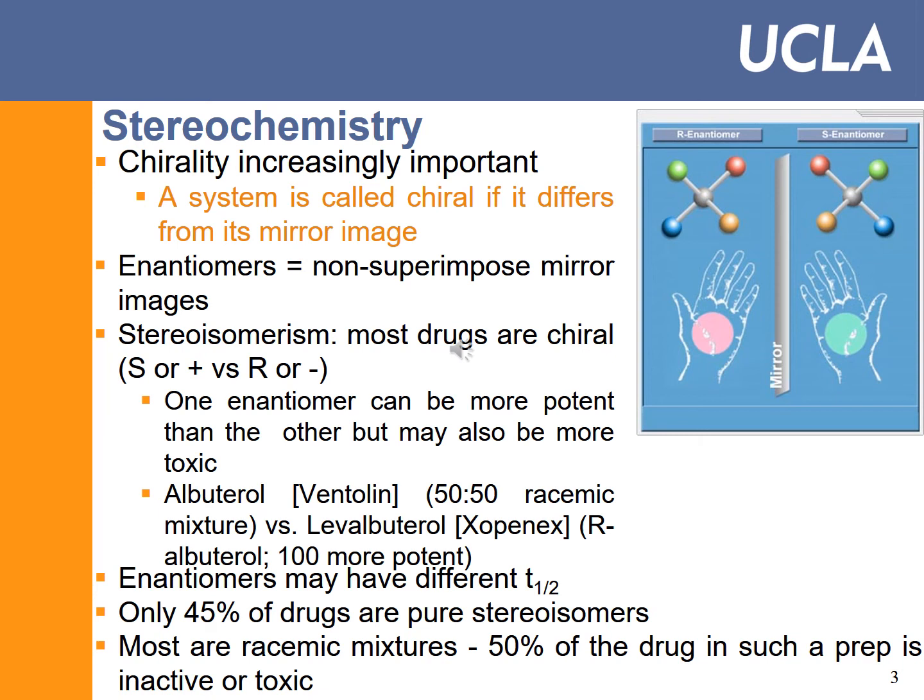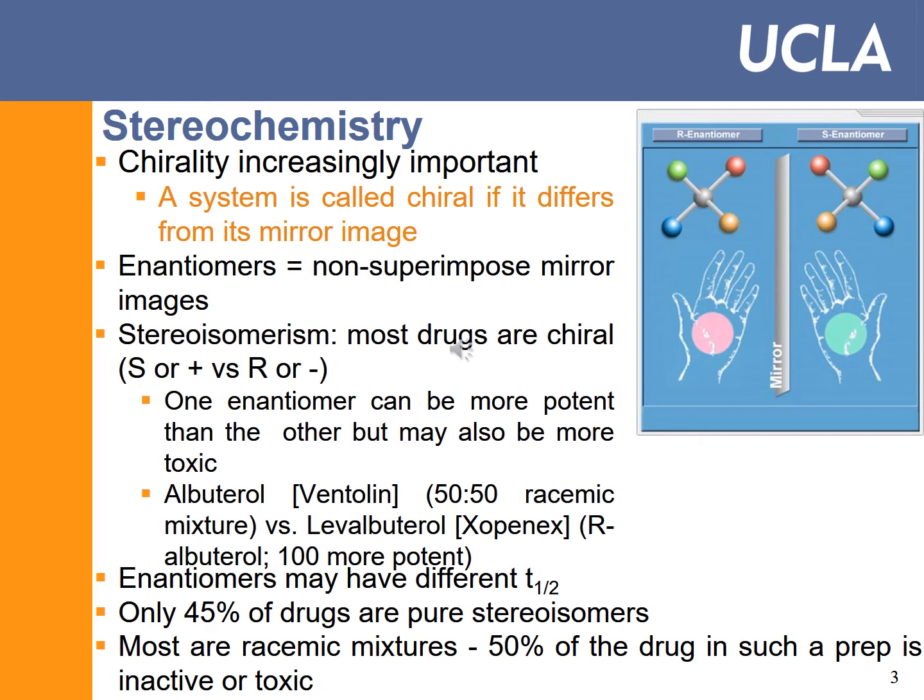And so those two enantiomers, as they are called, if you remember from your organic chemistry course, can have the same property and bind the same way to the receptor, but in some situations, one enantiomer is going to bind stronger to the receptor than the other. And in real life, when those drugs are synthesized, they synthesize what is called a racemic mixture, which means it contains 50% of both enantiomers.